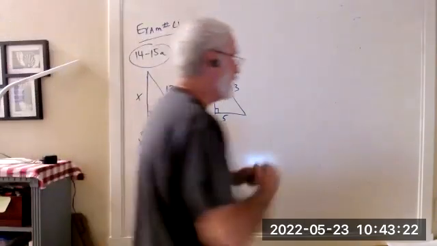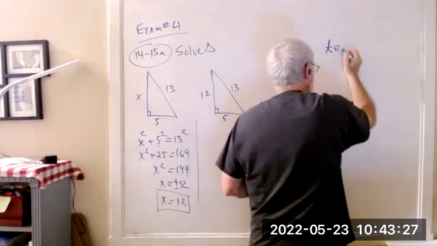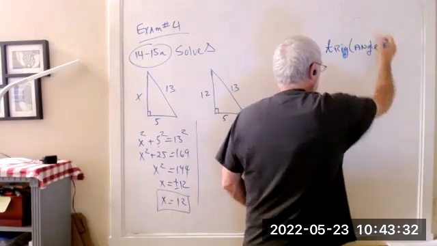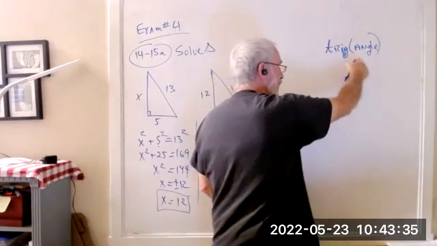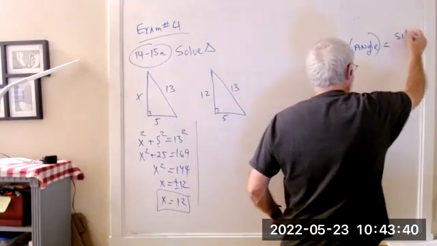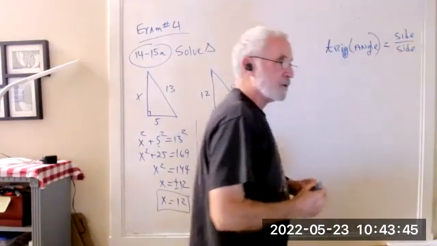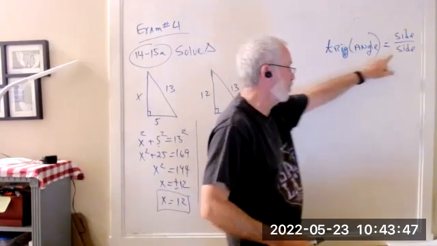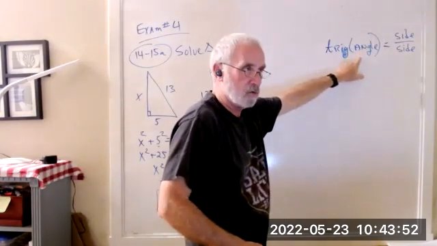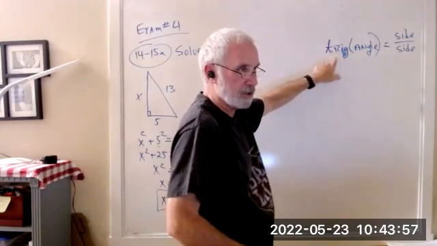When we wrote a trig expression, like sine, cosine, tangent, it was always trig of an angle, sine of an angle, cosine of an angle, equals some side divided by some other side. That was always the formula. So this showed the relationship between two sides of a triangle and the angle. And we always put the angle with the trig thing, sine, cosine, tangent.